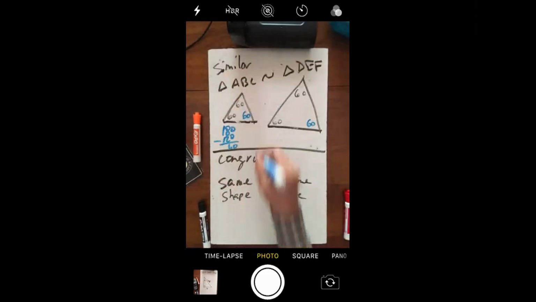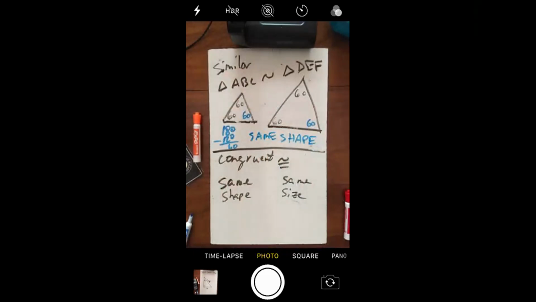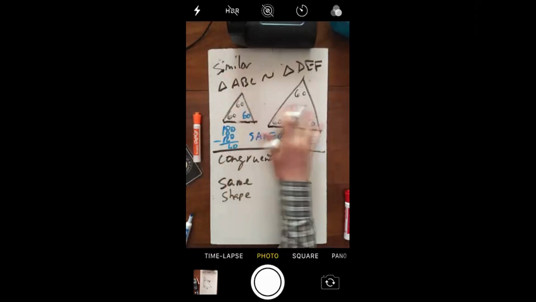Figures are similar when they are the exact same shape, but they don't need to be the same size. The other thing that's true about figures that are similar is that there will be some kind of scale factor that will allow us to go between figures.